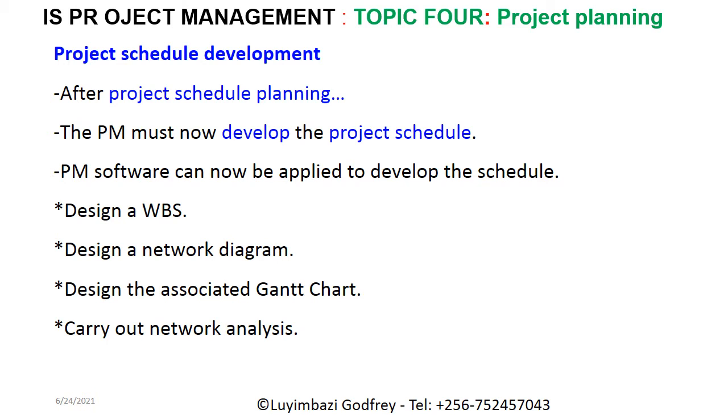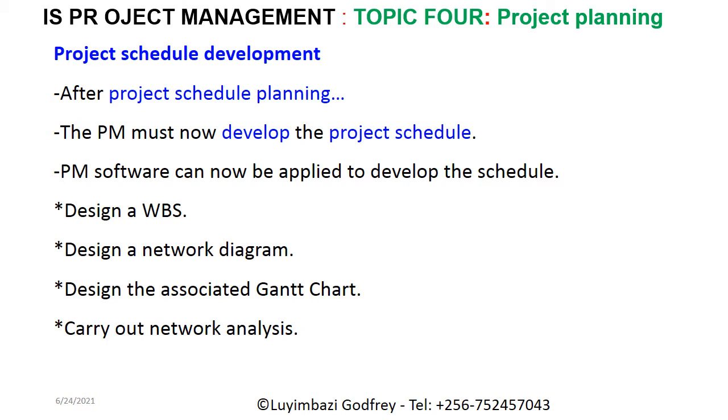The critical path is the longest path through a project, and activities on the critical path must be done at all costs. They are a must-do, and these activities on the critical path do not have what we call a float. They do not have what we call a slack.